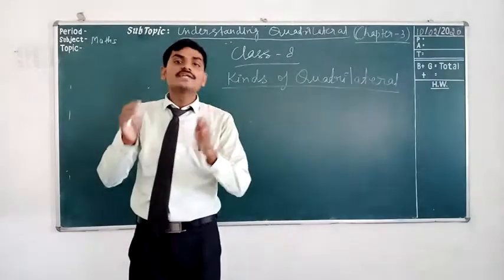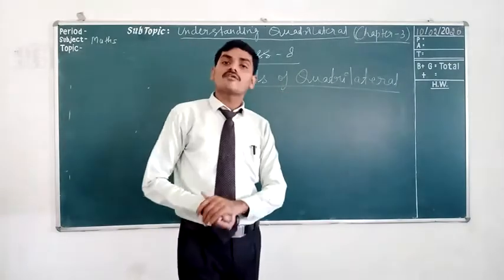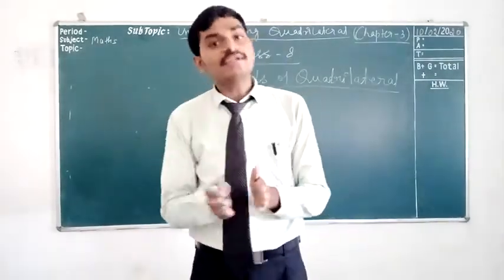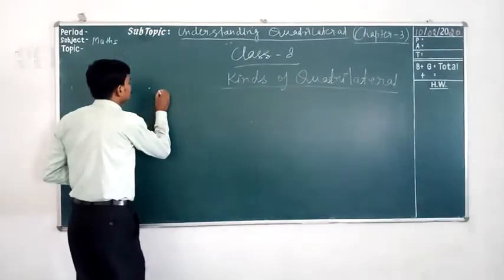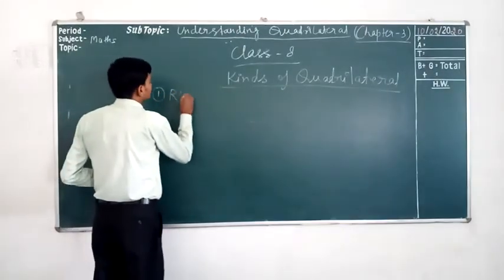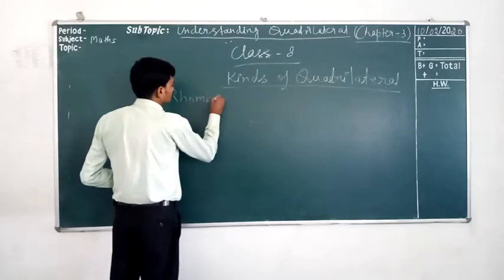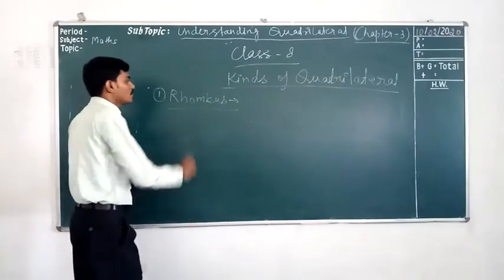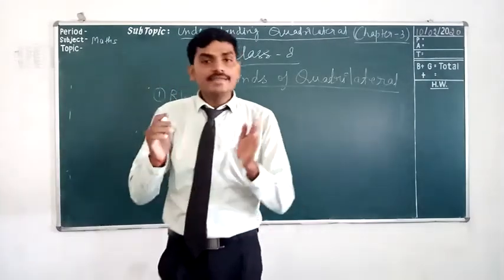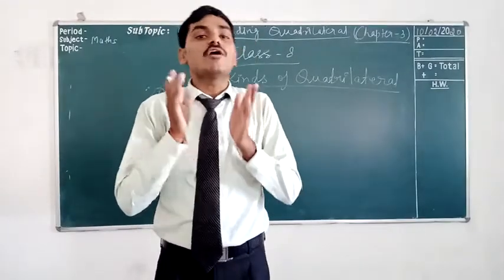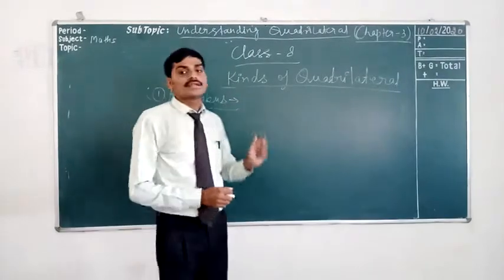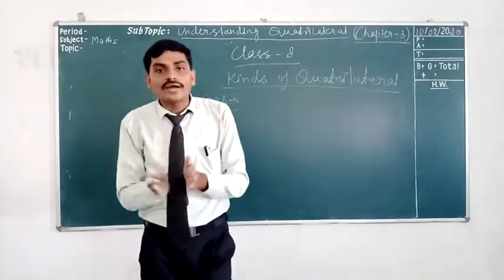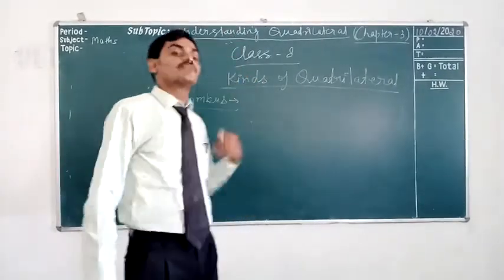Okay, now we will discuss the kinds of quadrilateral. There are different types of quadrilateral. The first one is the rhombus. What is a rhombus? Any quadrilateral which has all four sides equal is known as a rhombus.